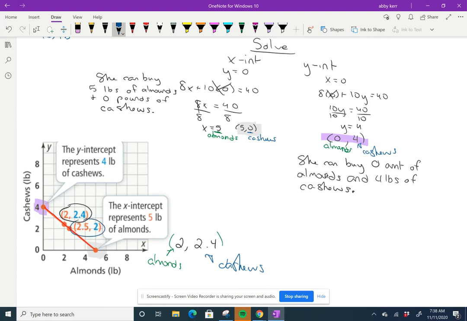In this second situation, she could buy 2.5 pounds of almonds and 2 pounds of cashews. So those ordered pairs are telling you the amount of each, cashews and almonds, that she could buy. So those were just 2 extra examples that the book wanted to show you.